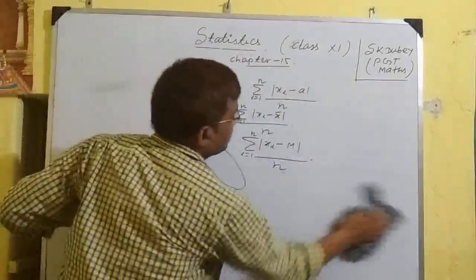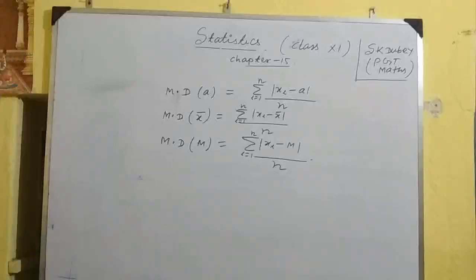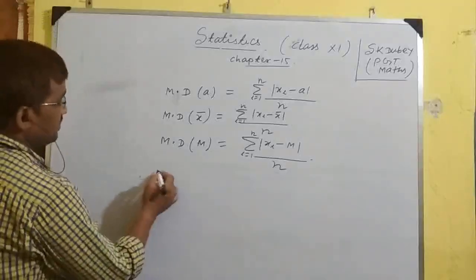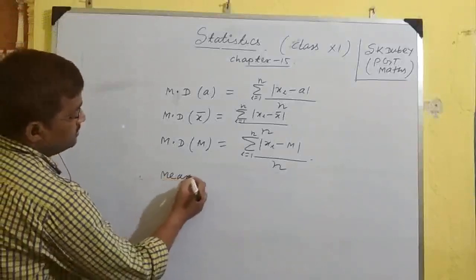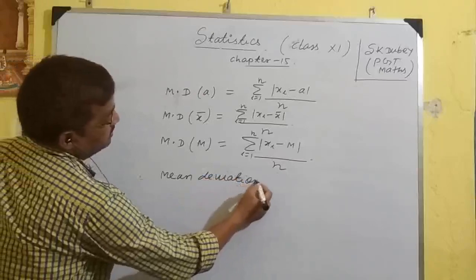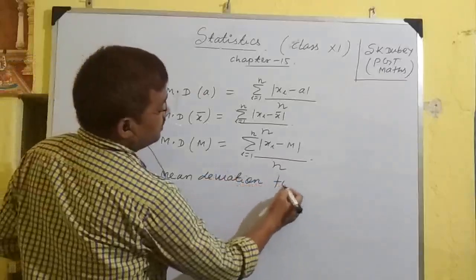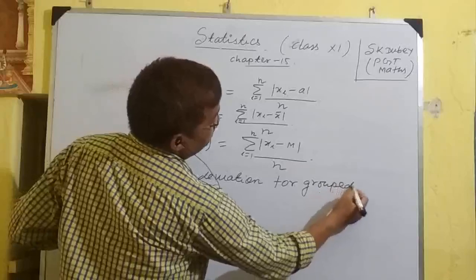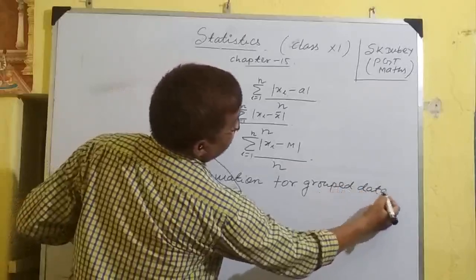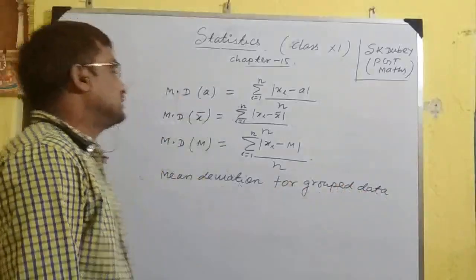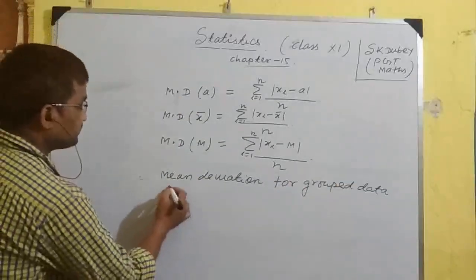Now we will see how to find the mean deviation for grouped data. We know that grouped data is of two types.